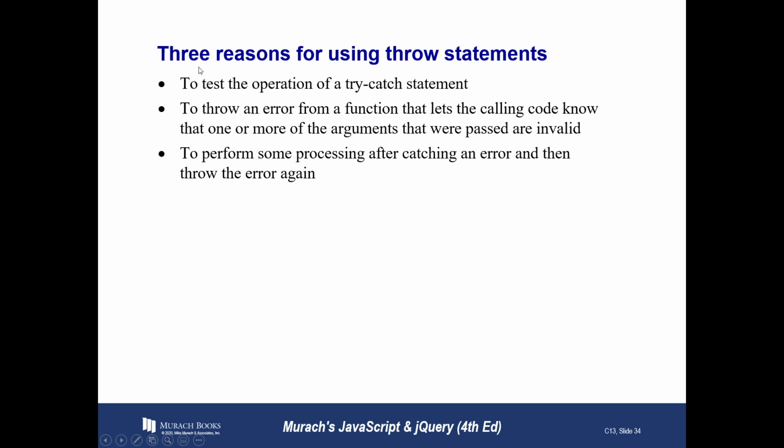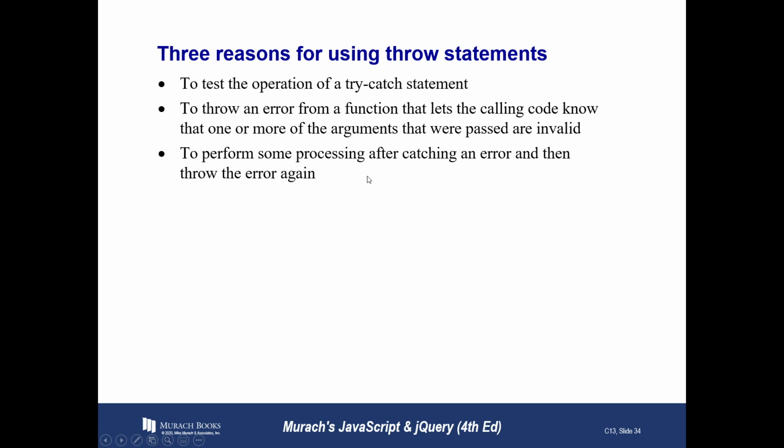Okay, so why do you want to use the throw statements to test the operation of a try catch? You would just throw an error just to see if the try catch is working as you expect it to work. To throw an error from a function that lets calling code know that one or more of the arguments that were passed are invalid. Basically, you throw it out from a function to tell anybody using your function that something went wrong, whether it is in the argument or something else in the body.